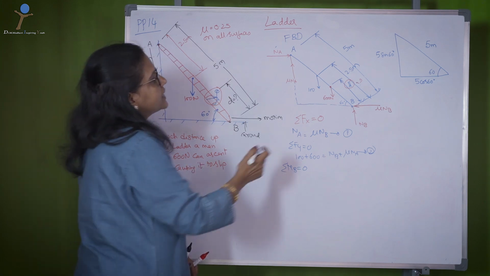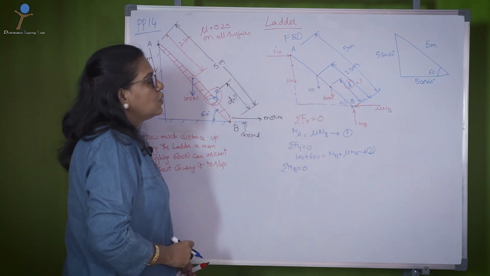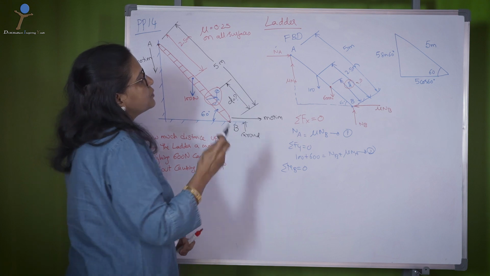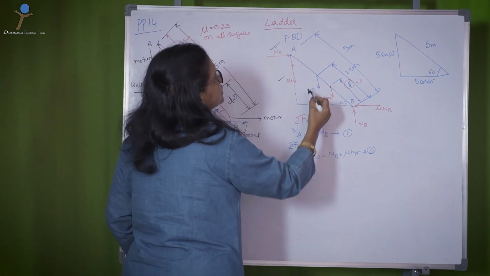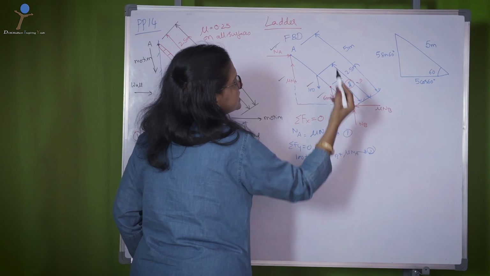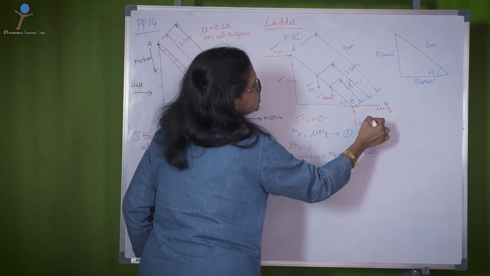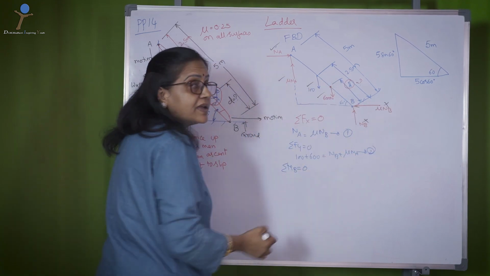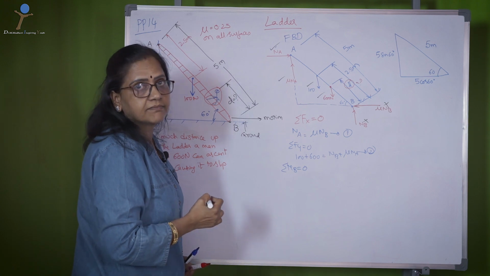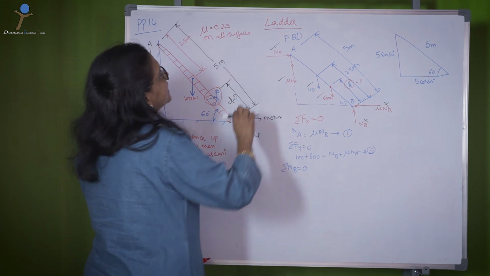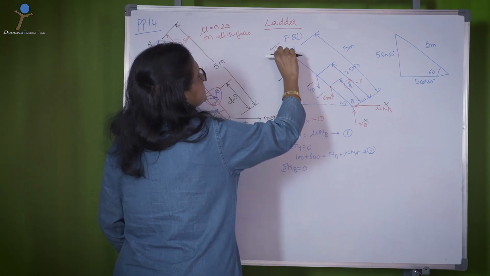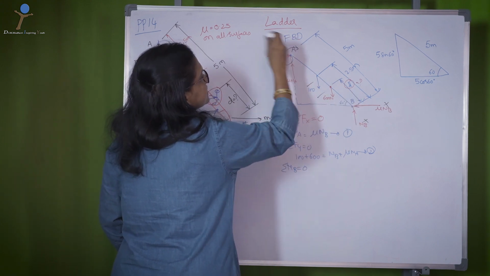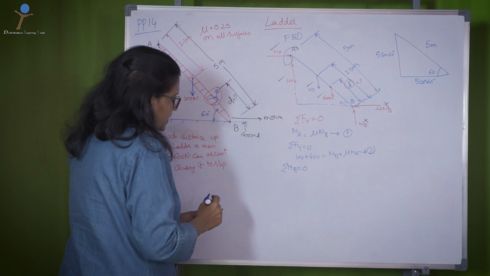Now take moment about B. What are the forces that are contributing to the moment? NA will contribute, mu NA will contribute, 100 will contribute, 600 will contribute, whereas these two do not contribute because they are lying on the moment center. Now let us take NA. NA is in this direction, and about the moment center at this point it rotates clockwise.